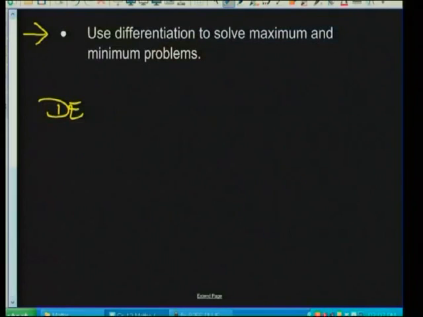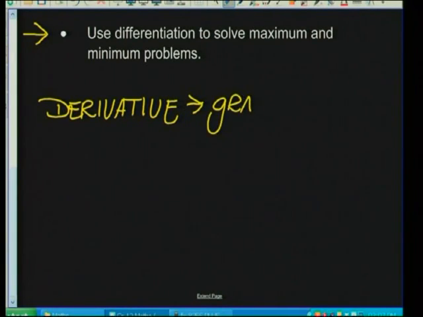So, grade 12s, what we need to always remember before we do anything is that when we are working with a derivative, you are finding the gradient. And remember, another way of referring to gradient is your rate of change. We're finding the gradient at one point.